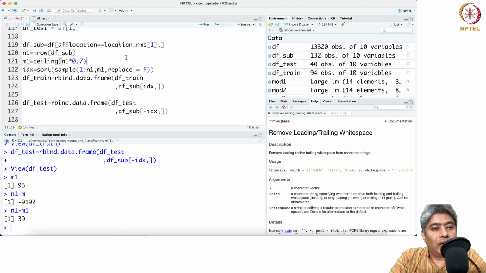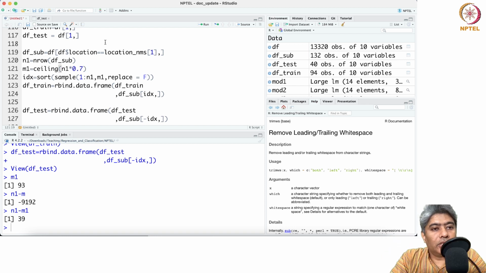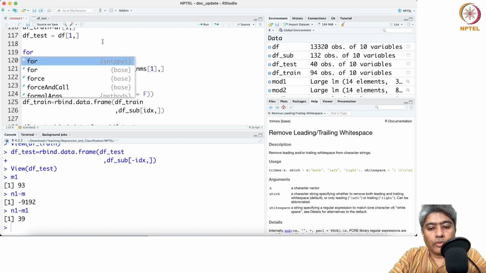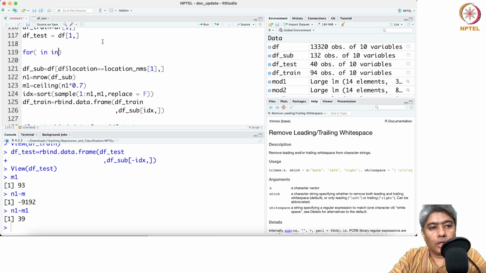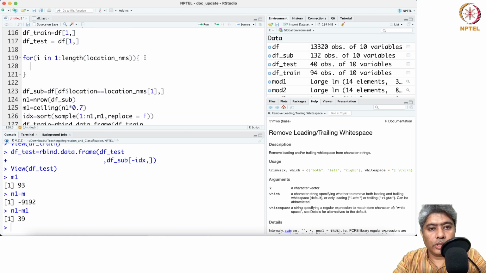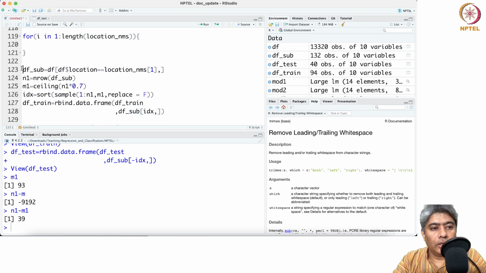So now the whole thing I'm going to repeat in a for loop, for i in 1 to length of location names.